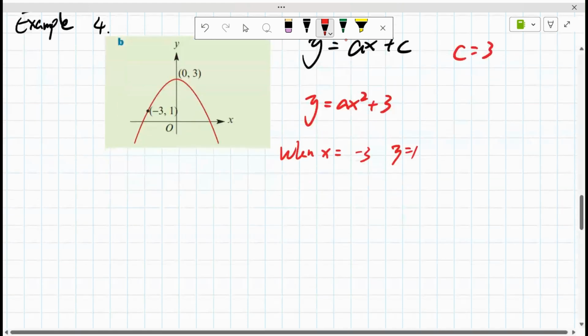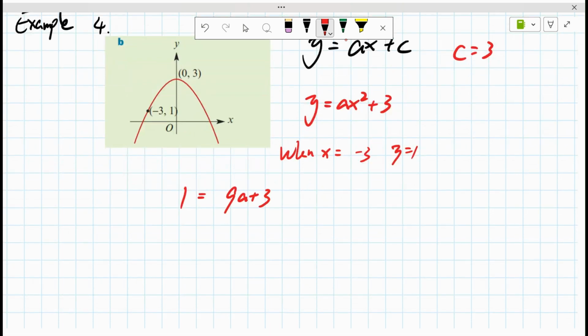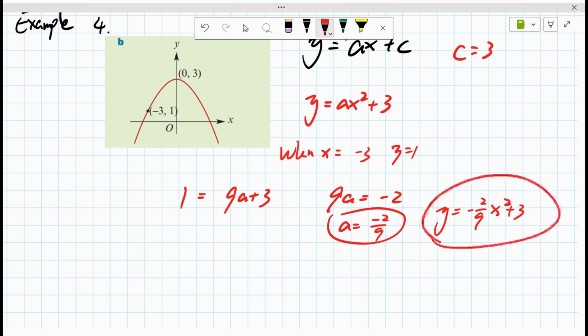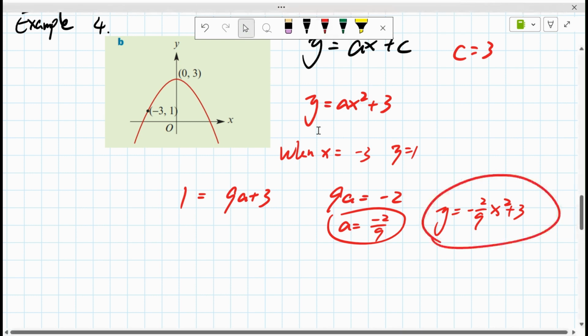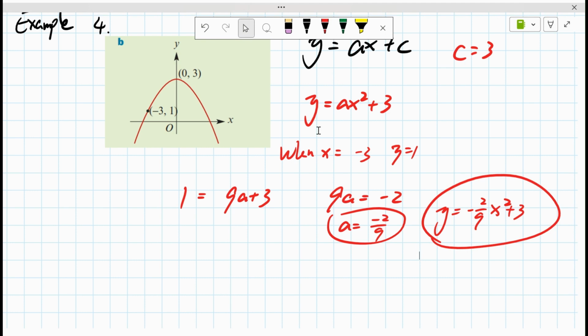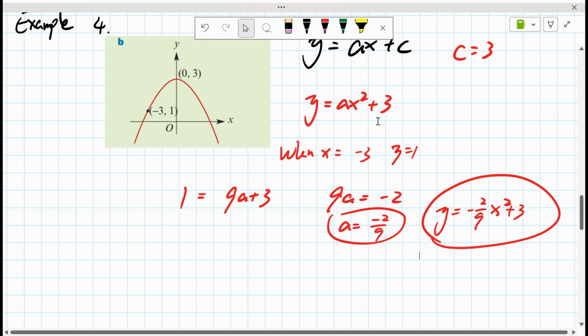That actually gives us a hint: 9a plus 3 equals 1, 9a equals minus 2, a equals minus 2 over 9, and the rule will be y equals minus 2 over 9 x squared plus 3. There you go. Also, that's the negative sign parabola, and perfect. It had a negative, and they also pass through (0, 3), even better. Sometimes you don't have to know the x-intercepts; you can still get your rule from the graph.